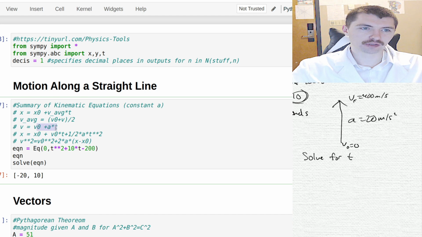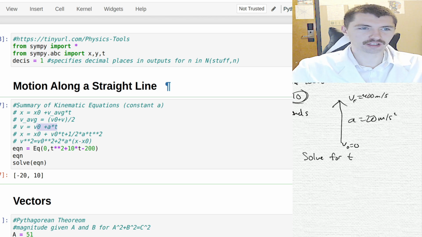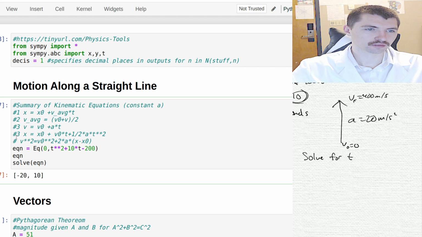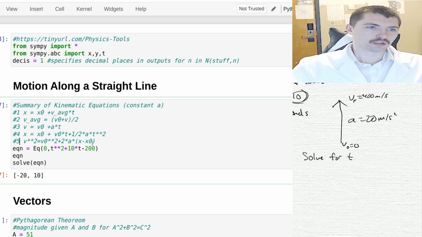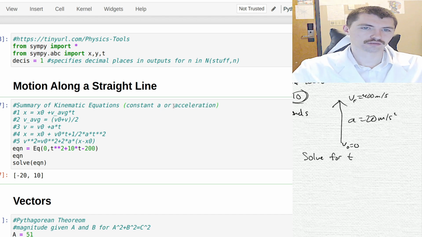So we know V naught, we know A. Okay, so we're going to use this one. Maybe it would help if I number them. Okay, so we're going to use equation 3.